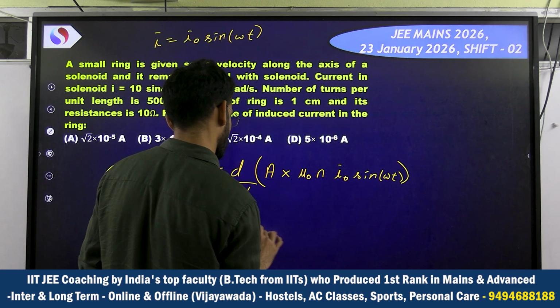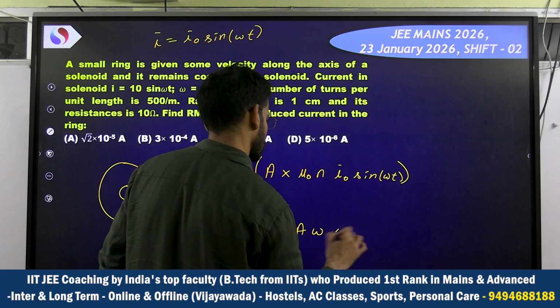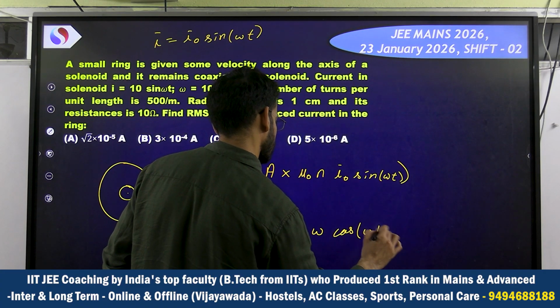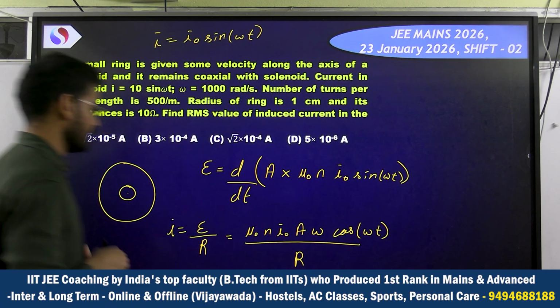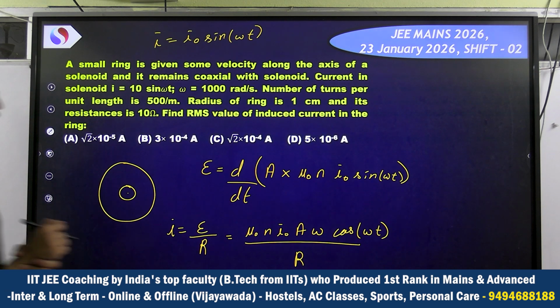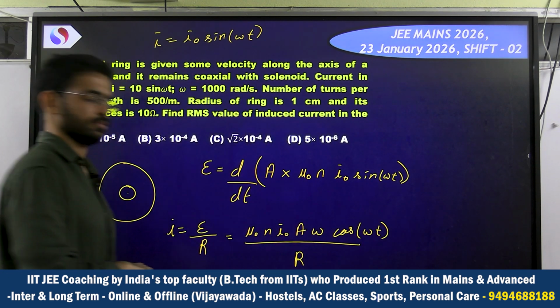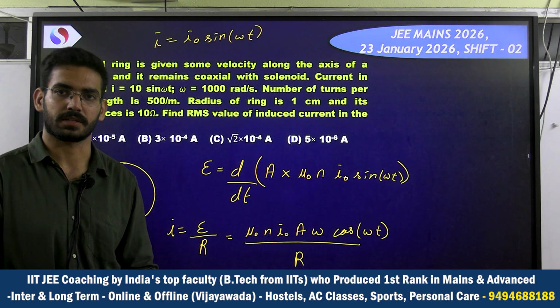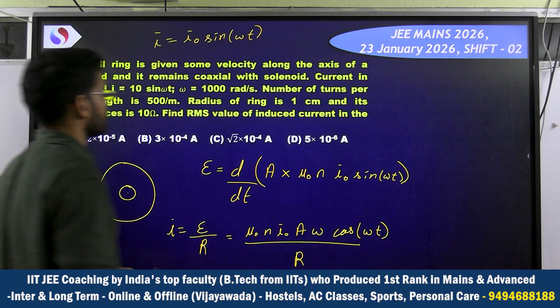So you will have mu naught N I naught A omega cos omega t divided by R. And if you are going for the RMS value, then if you calculate RMS, the value will become 1 by root 2.